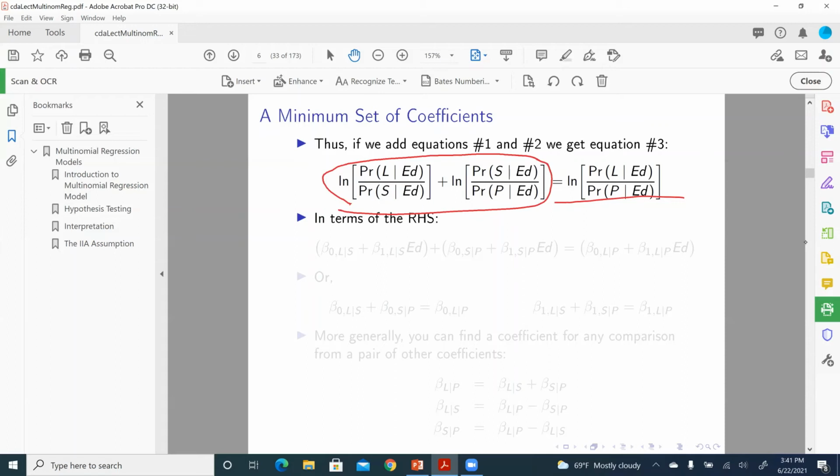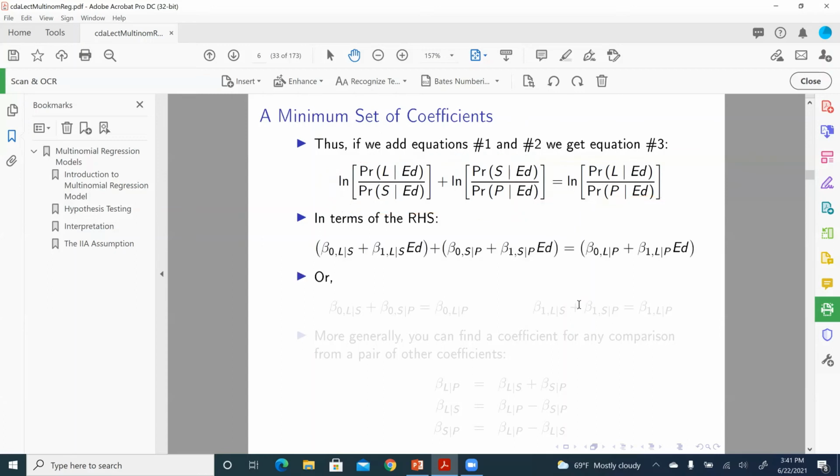Log of the probability of L over the probability of S plus log of the odds of S over P is equal to the log of the odds L over P, right? Then we also have right-hand side terms, intercepts and slopes, and they also have that relationship, right?